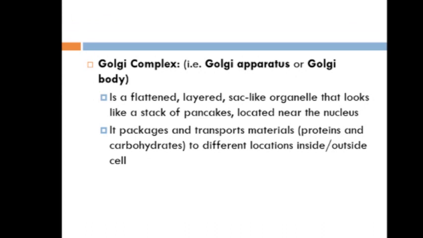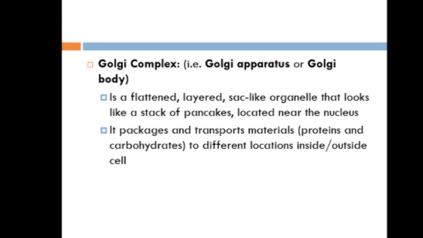It packages and transports material, protein and carbohydrate to different locations inside and outside the cell. As we know, just of the process ile process ambayo ya kutengenezwa is what, those glucose in the plant is complete. Kwa hiyo ina need ile glucose iwe transported through the different locations in the cells.